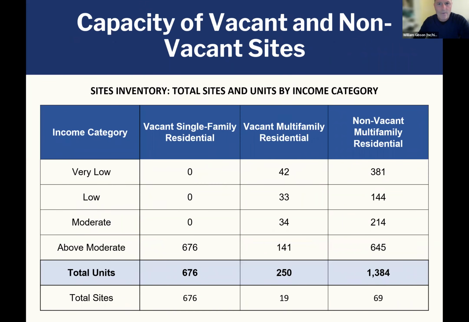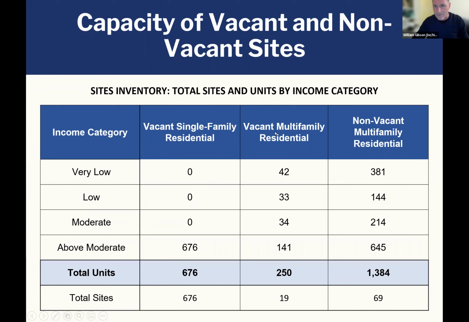So when you look at the totals of all of those categories, we have the income categories here. We have the vacant single family, vacant multifamily, and non-vacant multifamily residential. And you can see all of the vacant single family, 676 of them. Each of those is a single site. Those are all the sites we have, and we're assuming 1 unit on each of them, and all in the above moderate category.